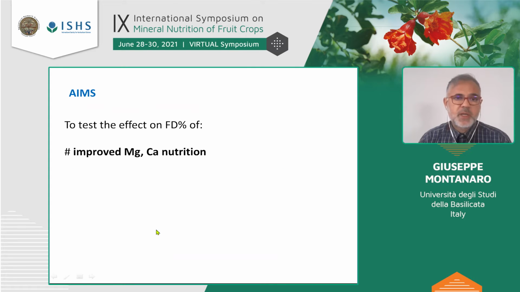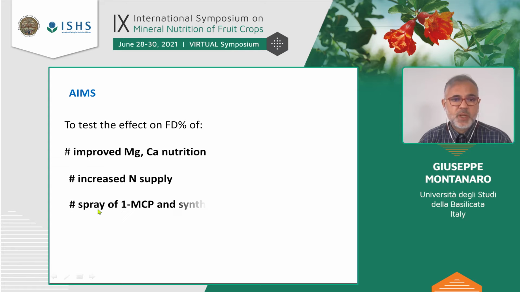So based on this background, we tested the effect on fruit drop of improved magnesium and calcium nutrition, increased nitrogen supply, and the spray of these two compounds, 1-MCP and NAA.